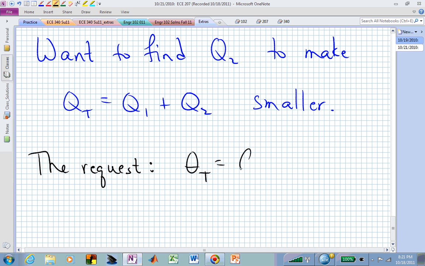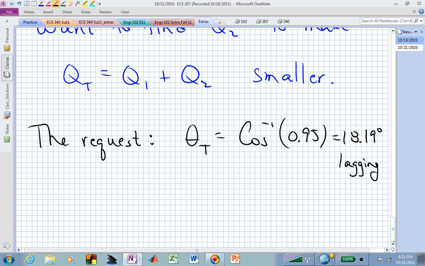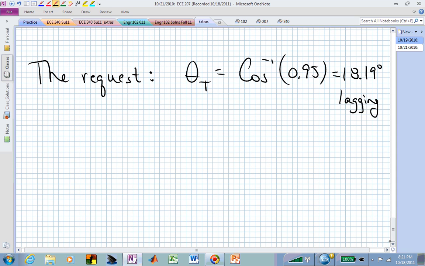And that now allows us to solve for the total angle, or the combination of load 1 and load 2's angle. That's the inverse cosine of 0.95. And that's then 18.19, and the angle is lagging, so we're not coming all the way back through 0 and going negative.